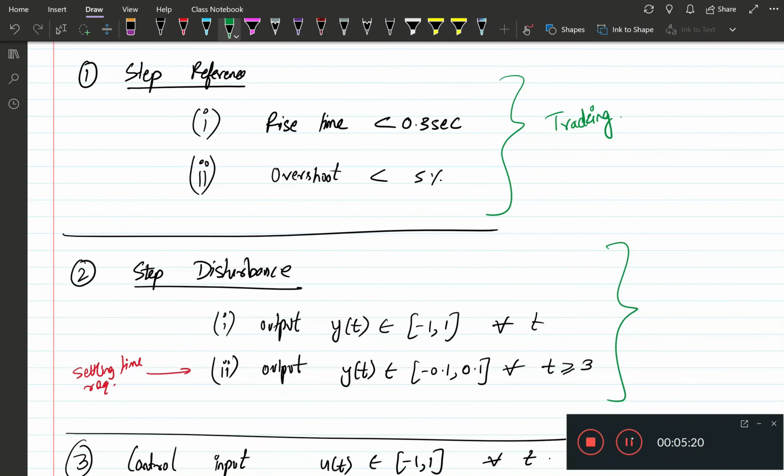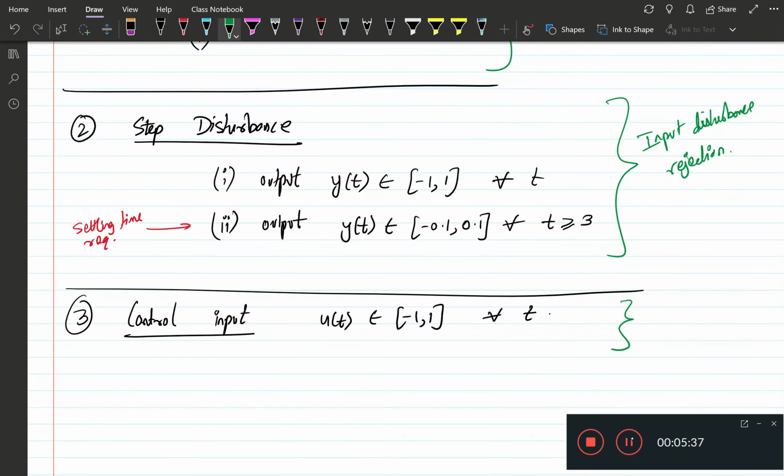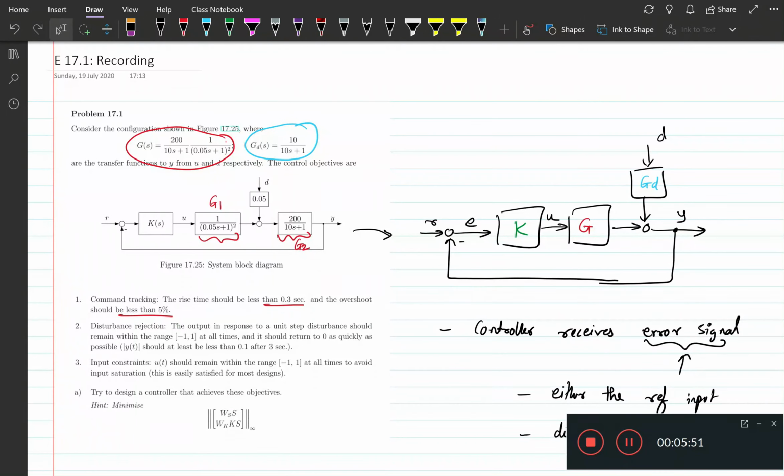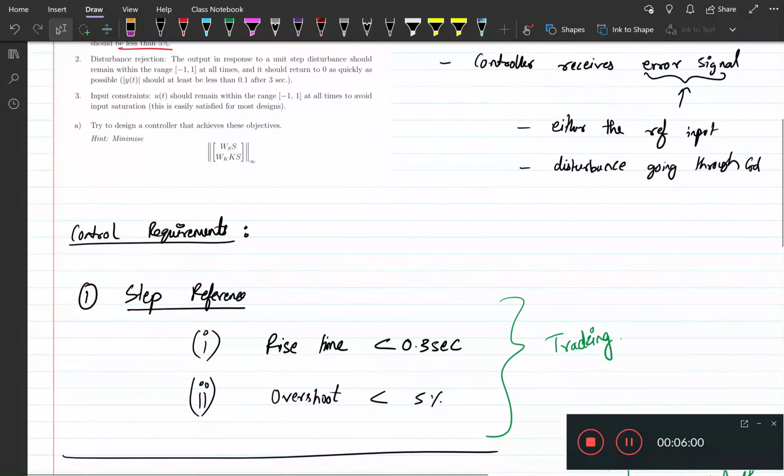These are the input disturbance rejection objectives, and this is the input saturation or input constraints. Now the whole point of this exercise is to see the trade-off between good tracking performance and good input disturbance rejection performance.